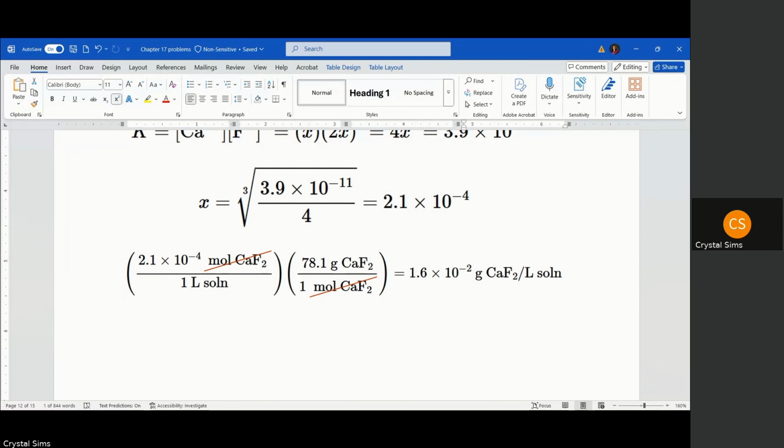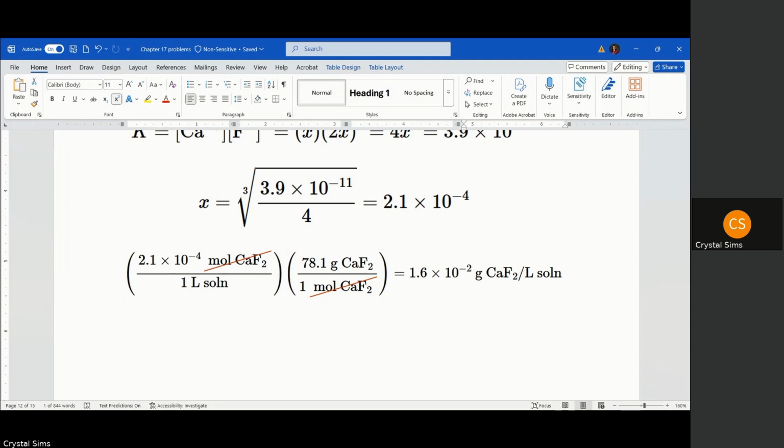Well, it tells us that we can add 1.6 times 10 to the negative 2 grams, which would be 0.016 grams of calcium fluoride to 1 liter of solution. That is its solubility.